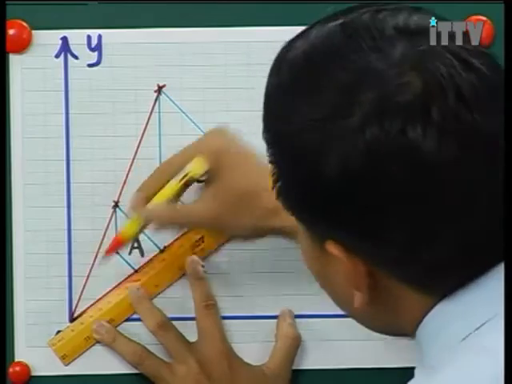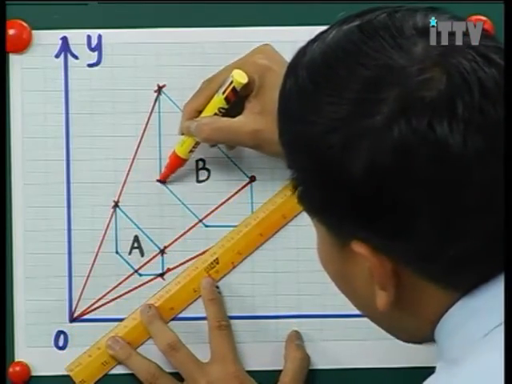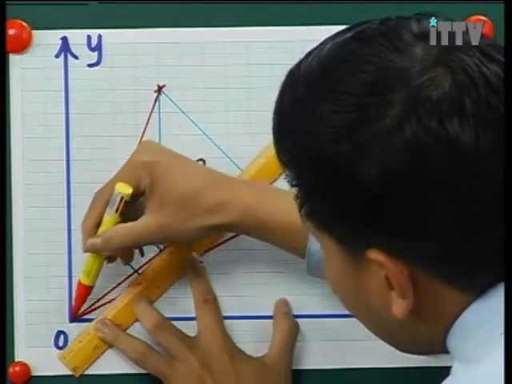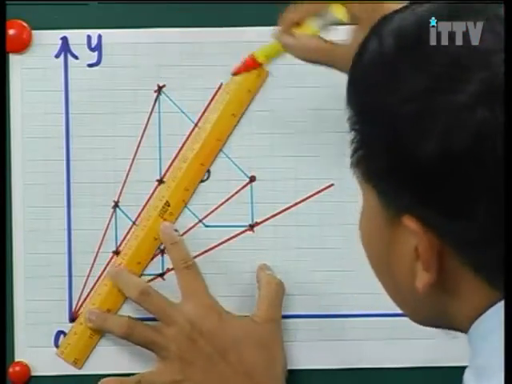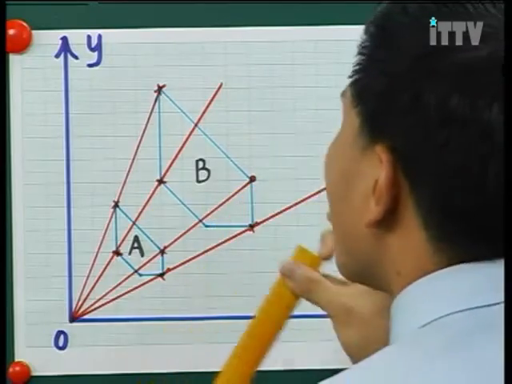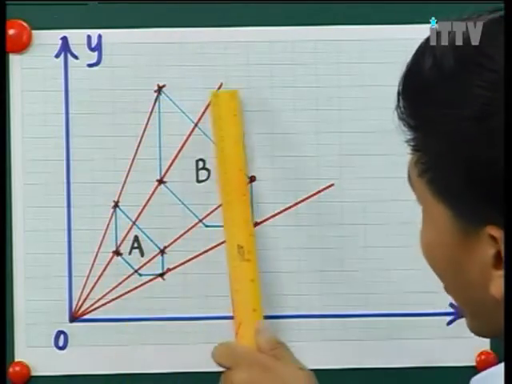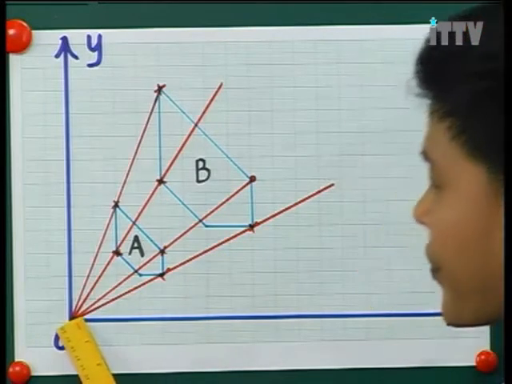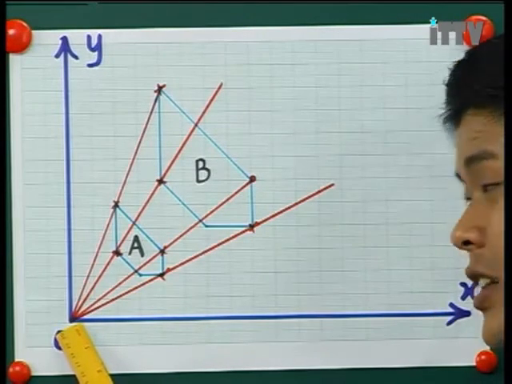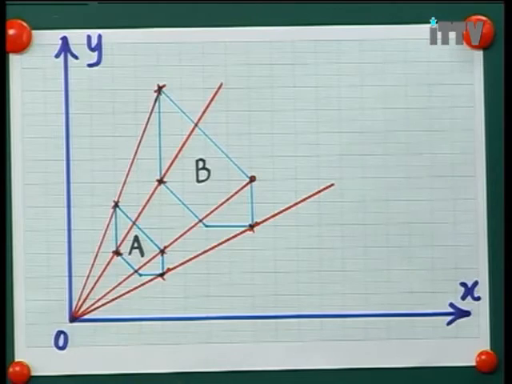So join them. You can also choose this point as well. This point will come here. So we have drawn lines that connect the corresponding vertices. Where do they meet? They meet at the origin. So this means that the origin is the center of enlargement.